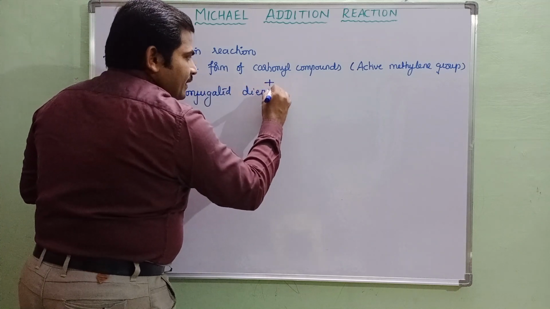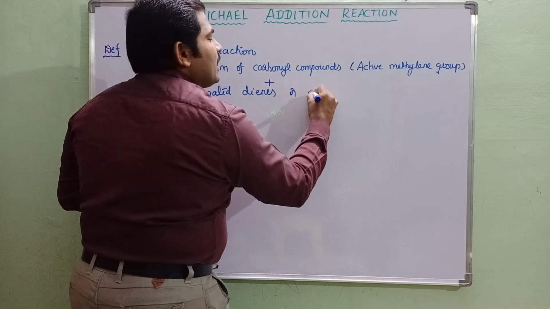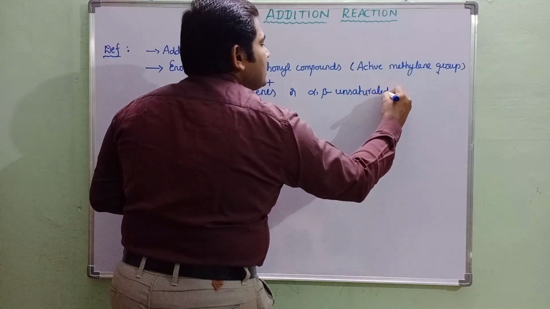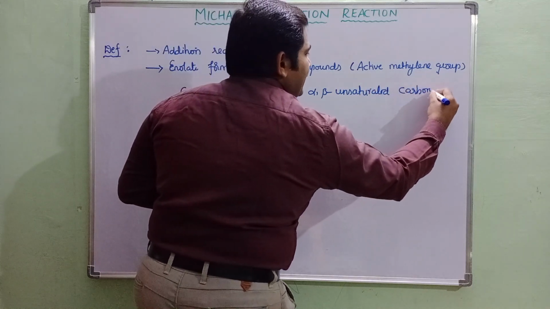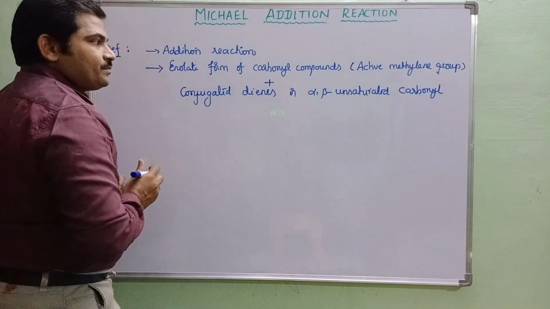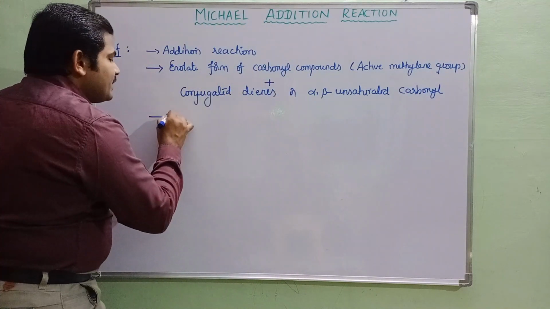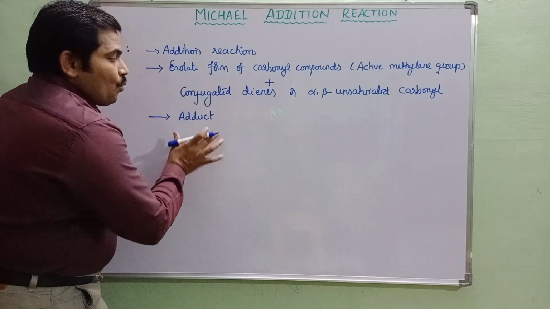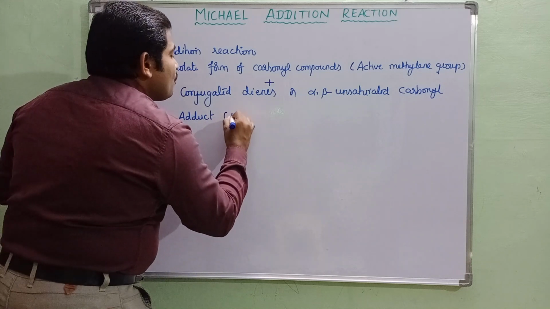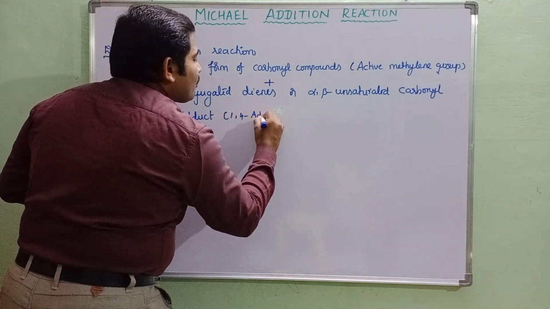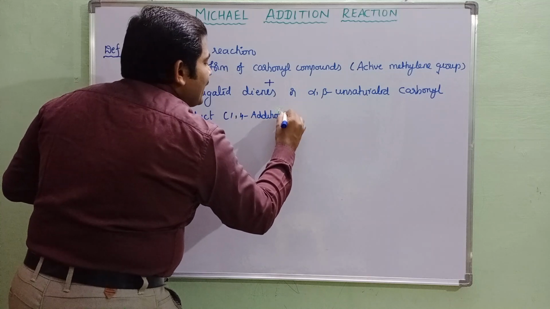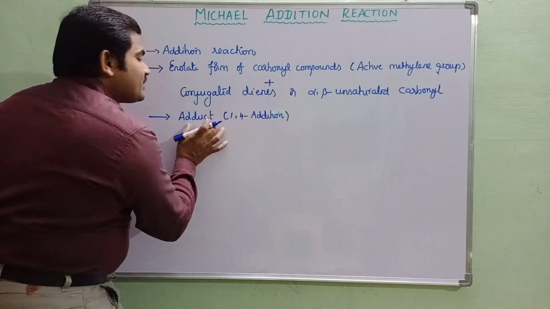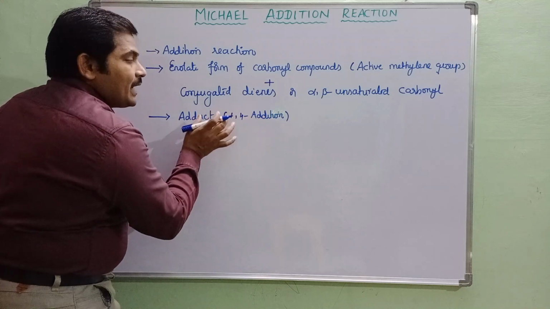Conjugated dienes are also called alpha beta unsaturated carbonyl compounds, to produce a product that is called an adduct. What type of adduct is it? It is a 1,4 addition reaction product, which is also called an adduct.